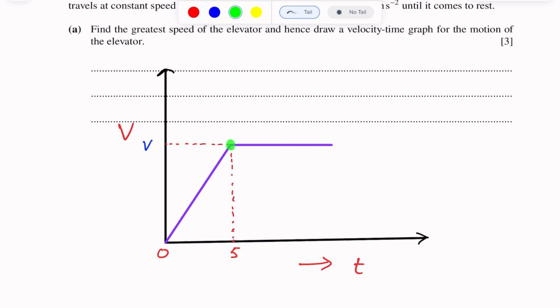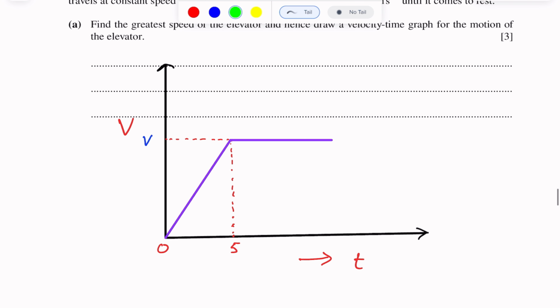So after the first 5 seconds, it travels at constant speed for 25 seconds. This means that the time on the axis here is 30, because this time is 25 seconds.